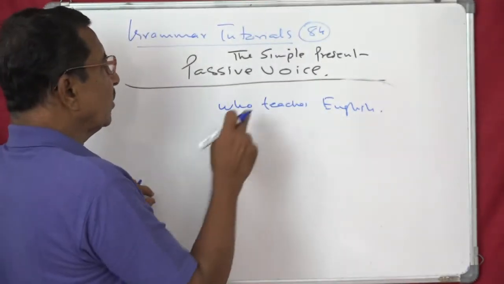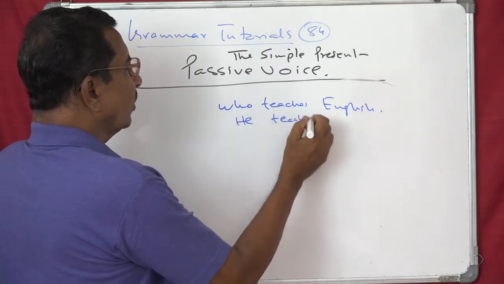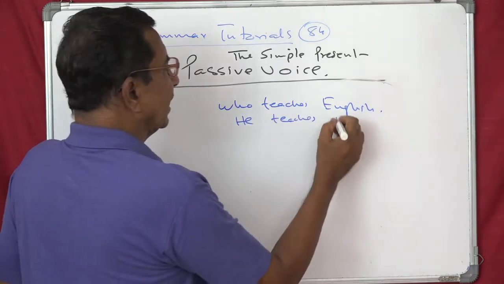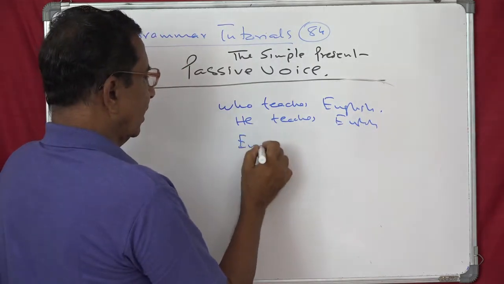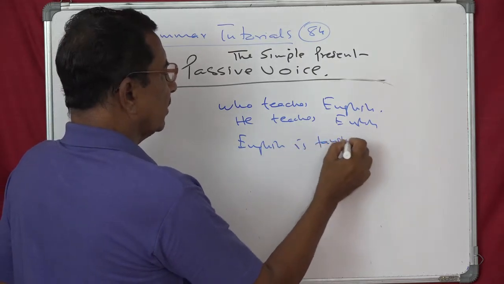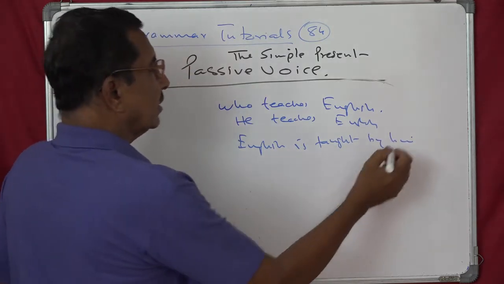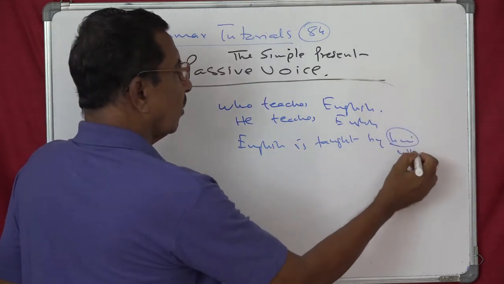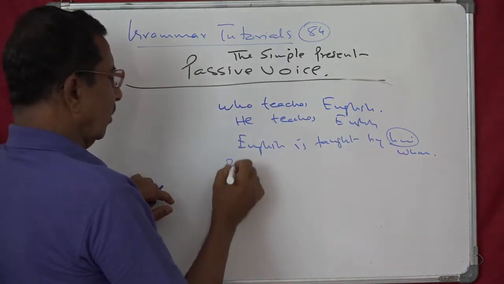Now what will happen is who is he instead of he teaches English. Who can be substituted by he? Now it's easy. English is taught, to be plus past participle, by him. And instead of him, you have used whom. Whom. And question: by whom?